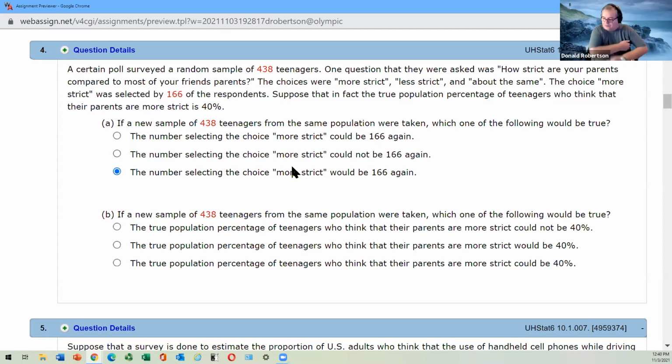If you asked a different 438 students about your parents being strict, which one of those three choices, 1, 2, or 3, would you reasonably assume? One. I agree.